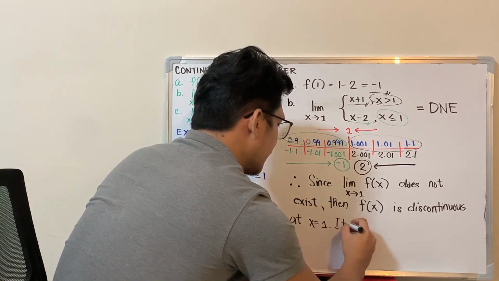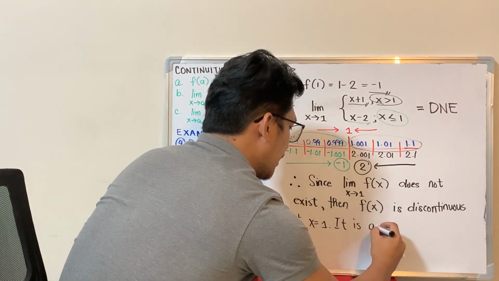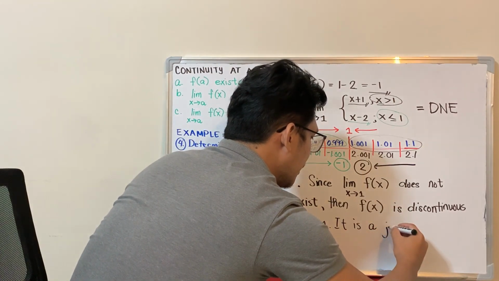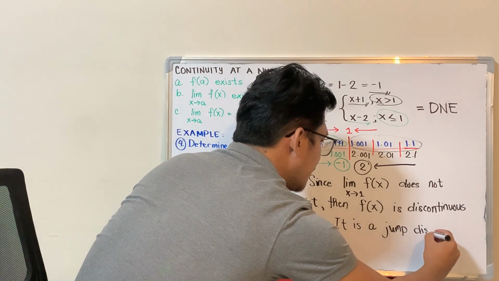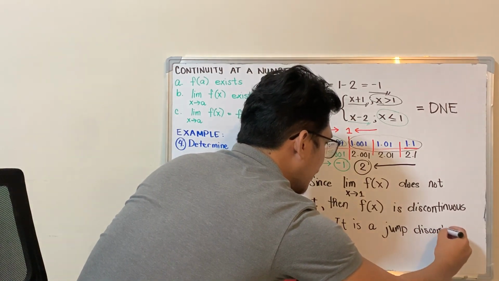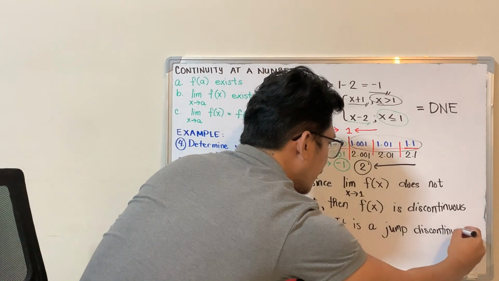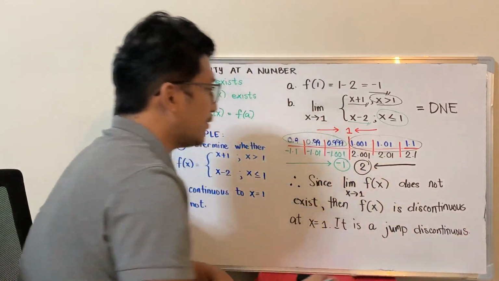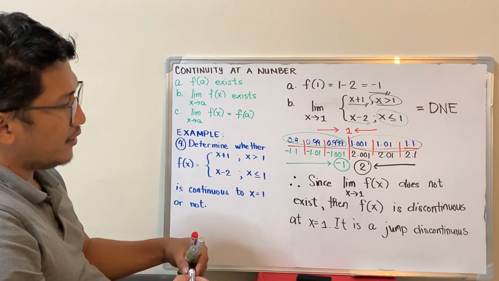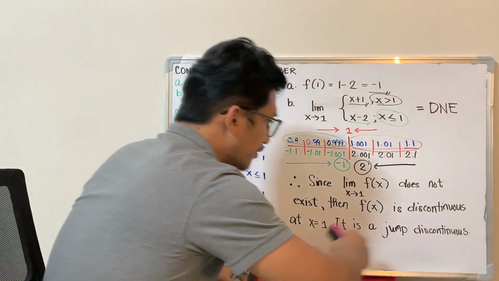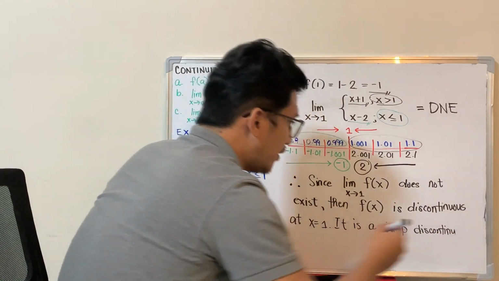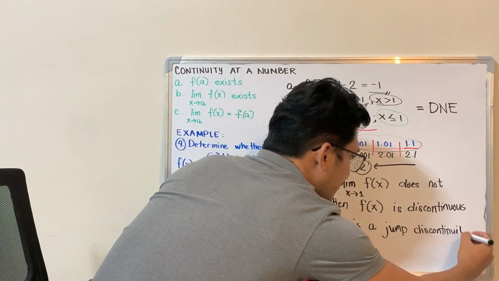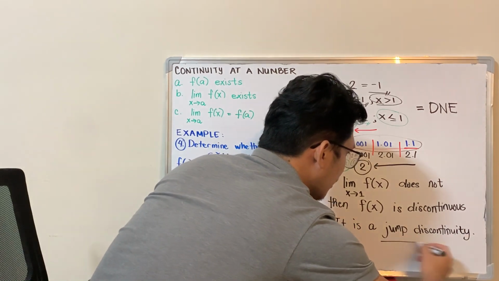It is a jump discontinuity. Okay? Guys, for a piecewise function, if it is discontinuous at its boundary, the classification of the discontinuity is known as the jump discontinuity.